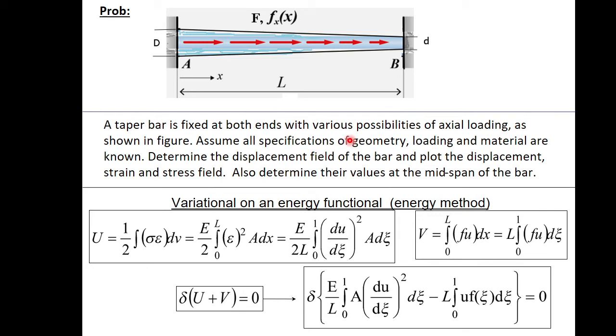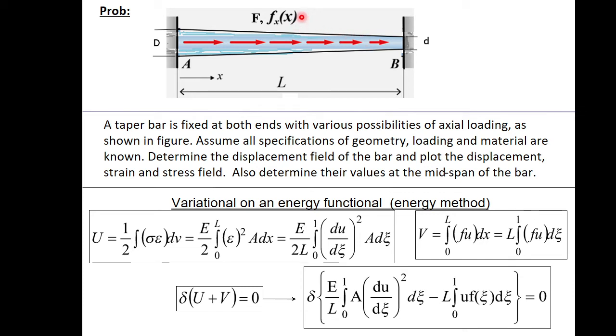So here the loading condition, is it constant throughout the beam? No. This F is a point loading, and this Fx is a function which is for distributed loading. If this Fx is constant, then the loading is uniform all through.